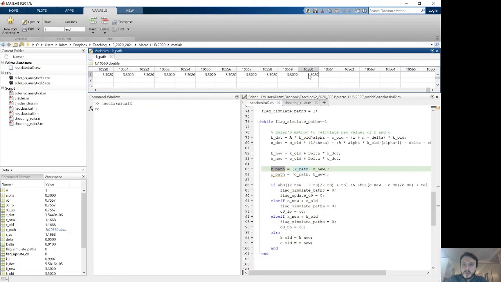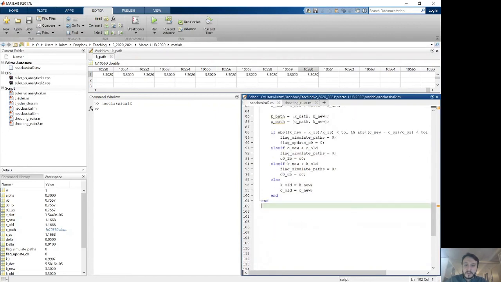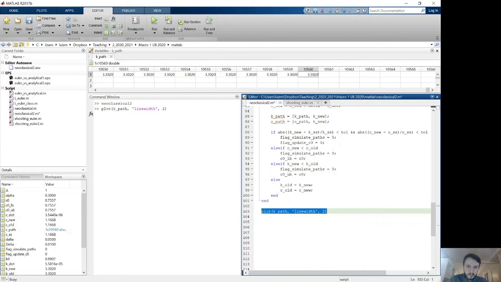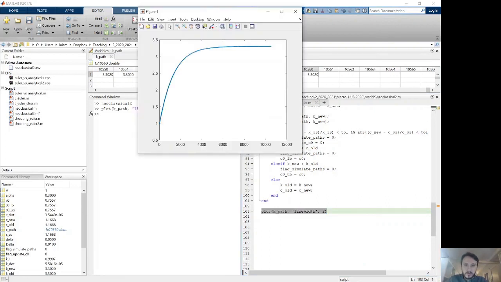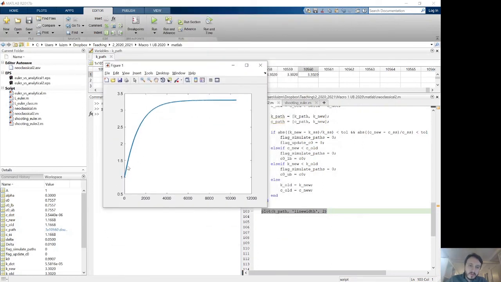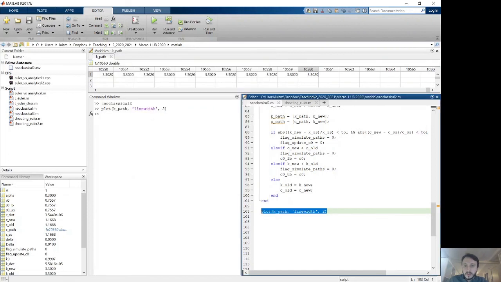Okay, so that's the size of the path of k, and let's plot it. Let's see if it looks okay. Great, it looks very good, which is an increasing and concave path of capital.